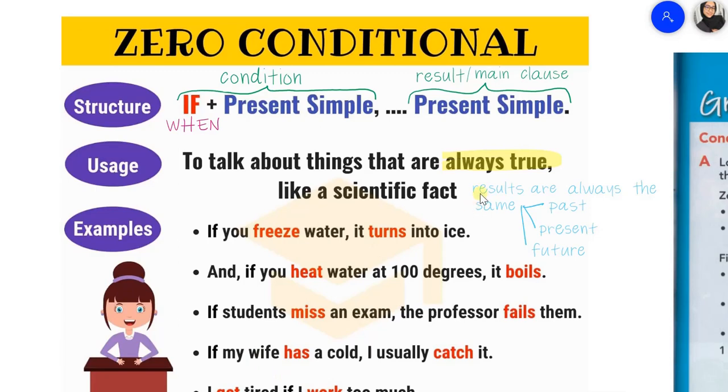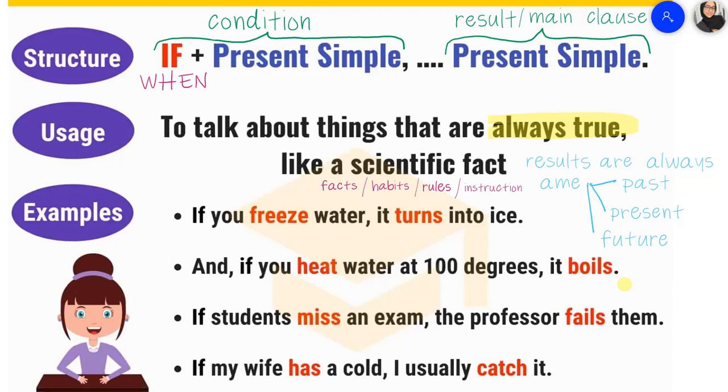It means here that the results are always the same. It is always the same in the past, the same in the present, and also the same in the future. Other than scientific facts, we also use zero conditional to talk about facts, habits, rules, and instruction.